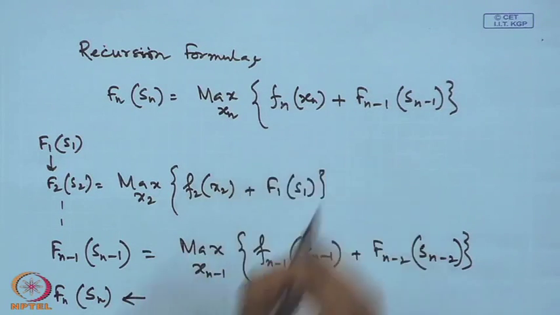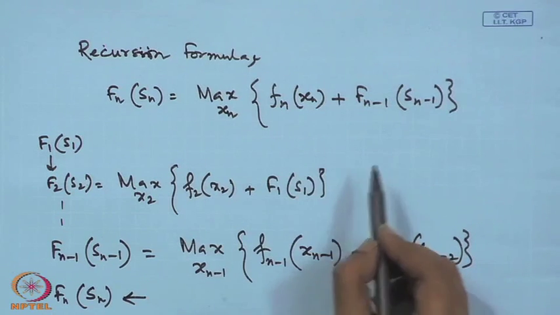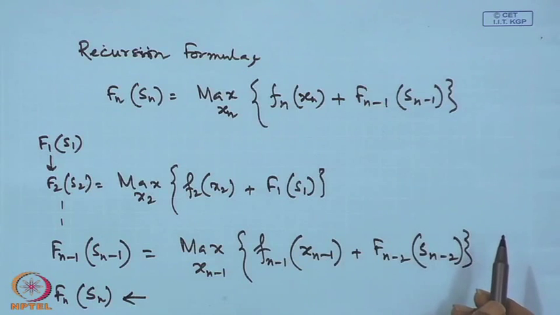This calculation will be based on this recursion formula. Now, we can see that for each stage we are solving only one optimization problem at a time, and you have experienced this in model 1. In a similar way we will handle it.